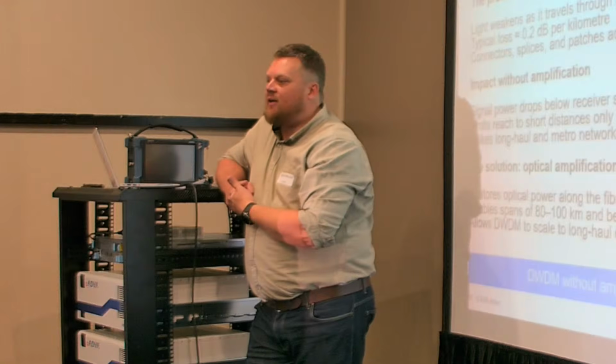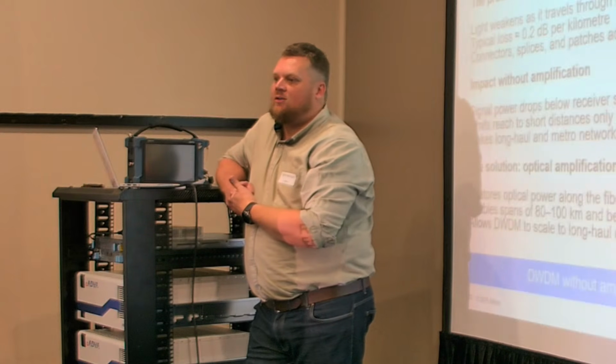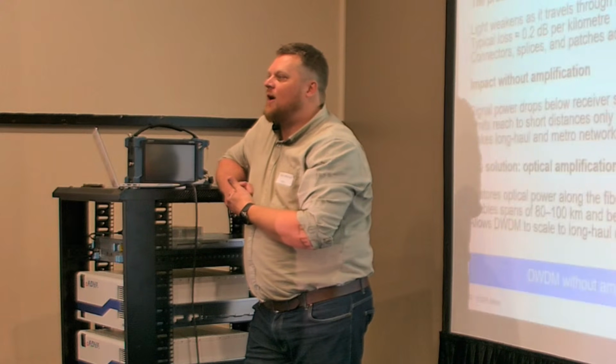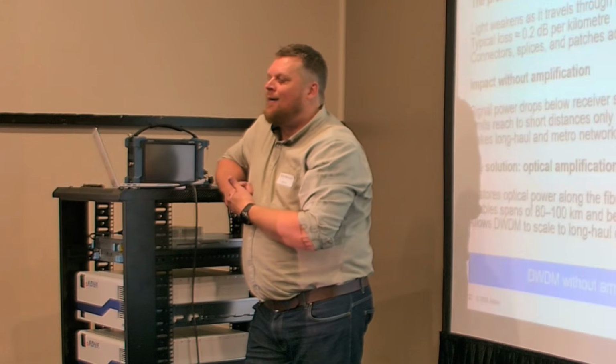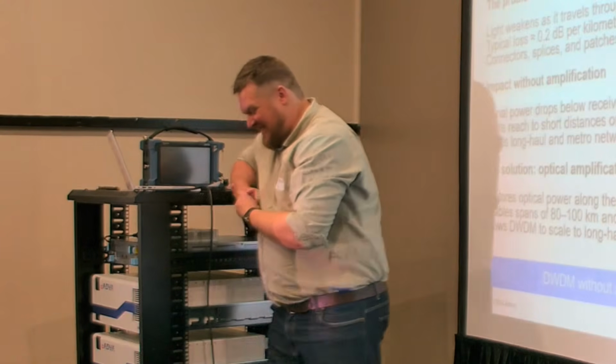The fiber itself attenuates at 0.25 dB, if you're lucky, per kilometer. Every splice on that path, you'll have a loss. Typically, the guys aim for 0.01. Typically, that happens rarer and rarer these days.